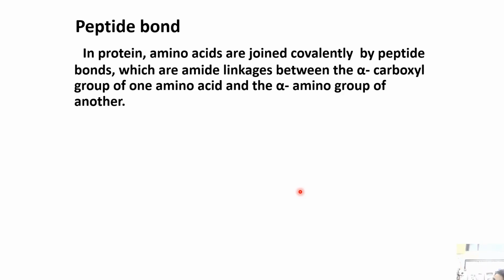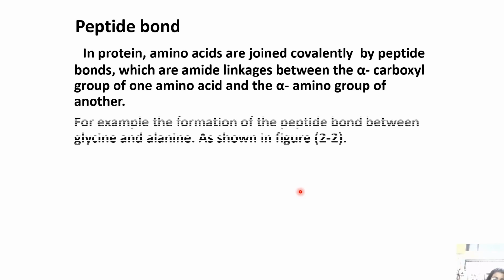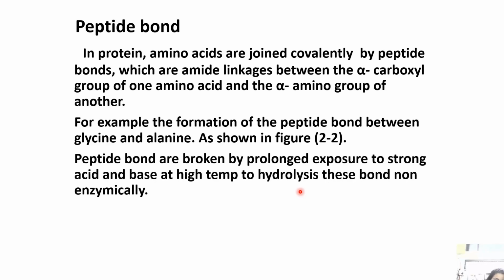Now, peptide bond. In proteins, amino acids are joined covalently by peptide bonds, which are amide linkages between the alpha carboxyl group of one amino acid and the alpha amino group of another, right? For example, the formation of the peptide bond between glycine and alanine is shown here.